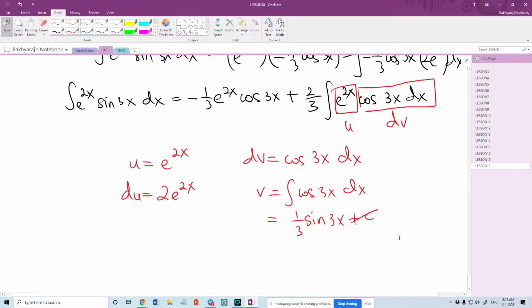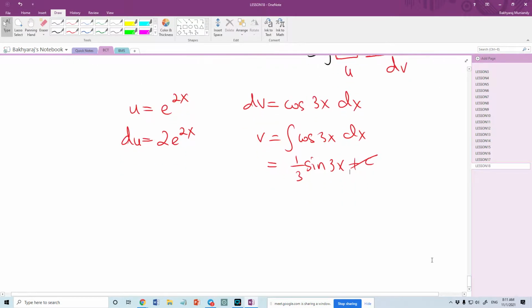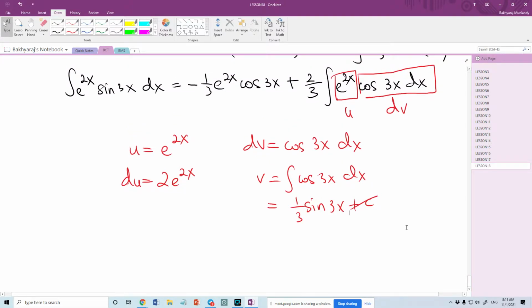Okay, now I'm going to do substitution to the formula again. So how do I substitute? I substitute like this. I have to bring the integral. Exponent 2x sin 3x dx equals negative 1 over 3 exponent 2x cos 3x plus 2 over 3.